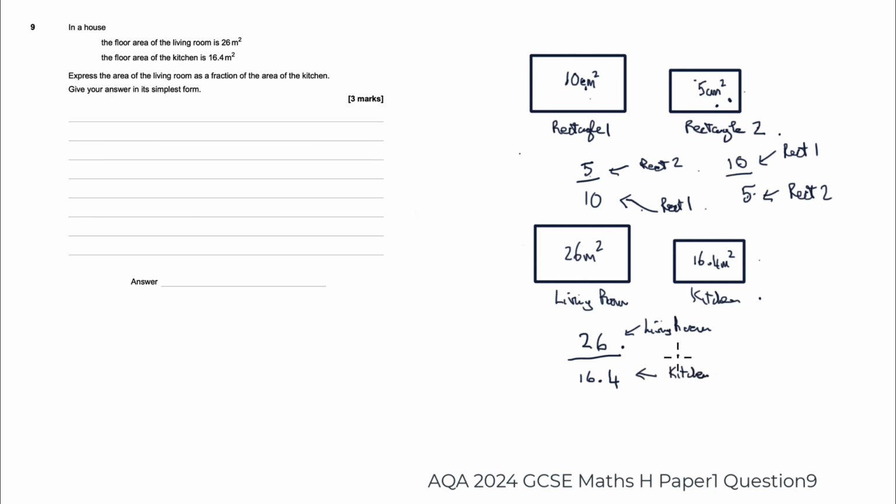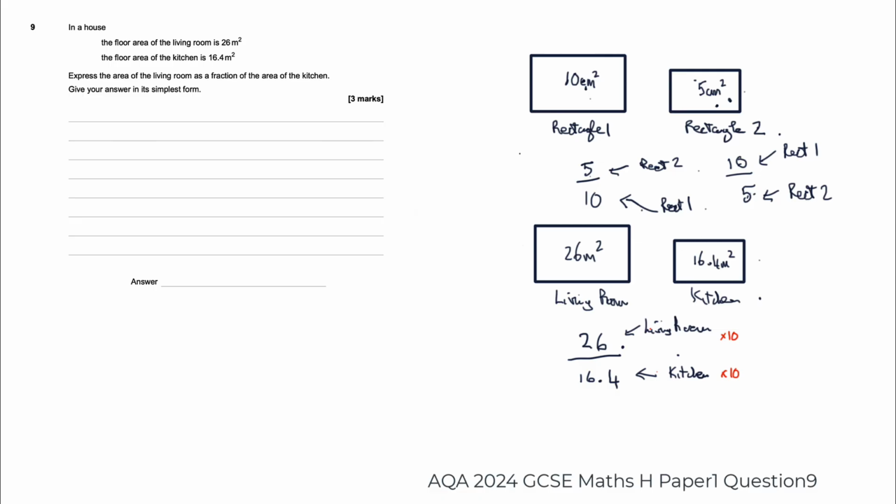So what is 26 over 16.4? Well, there's a decimal point in there which is annoying. So let's multiply top and bottom of this fraction by 10. Remember, you're allowed to multiply the top and the bottom of a fraction by the same number.